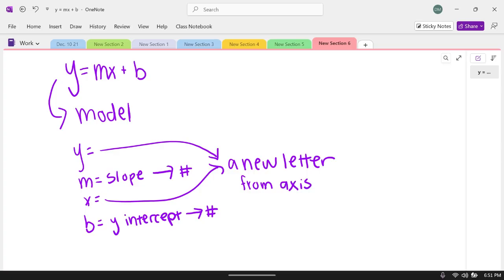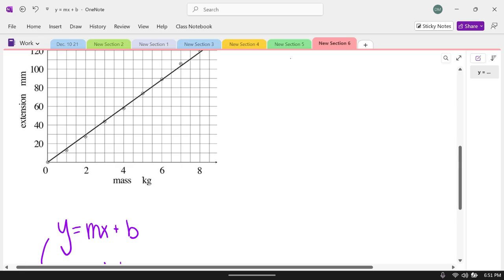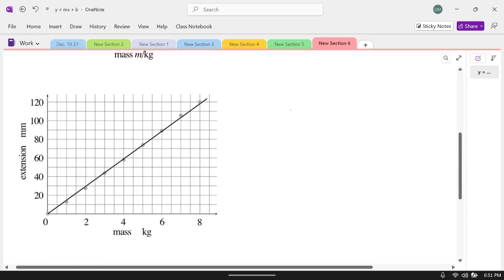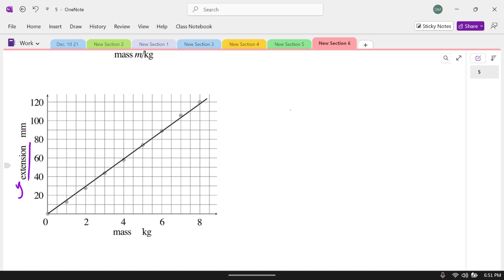So let's take a look at a graph and determine what would be two good letters for x and y now. So I have a graph up here. On my y-axis, I have extension. On my x-axis, I have mass. So y is actually extension.